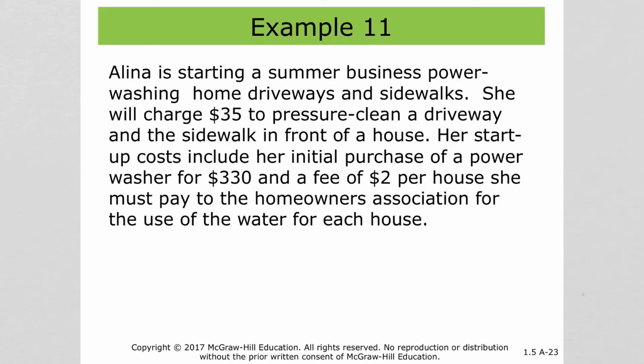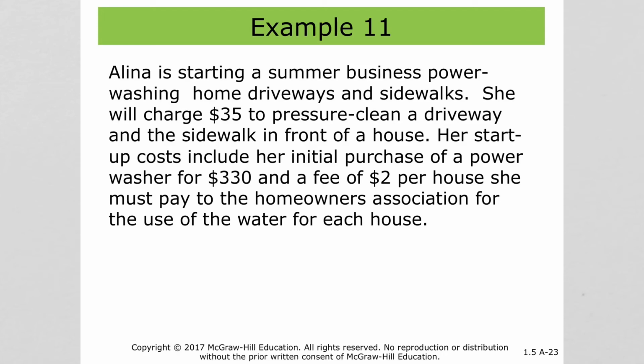So looking at that example here, it says Alina is starting a summer business power washing home driveways and sidewalks. She will charge $35 to pressure clean a driveway and the sidewalk in front of a house. Her startup costs include her initial purchase of a power washer, which was $330, and a fee of $2 per house she has to pay to the Homeowners Association for using the water.